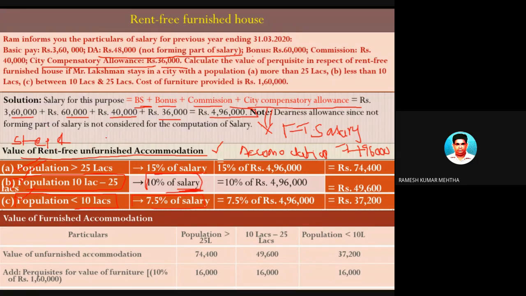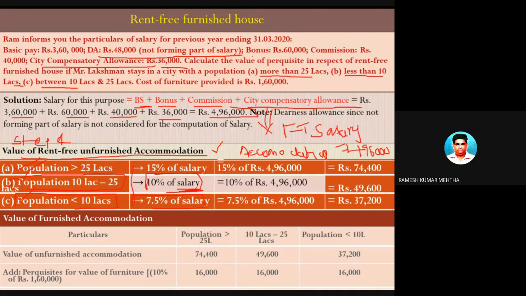Now go to the fourth column. What is given in the problem? You have to find out the value of the perquisite, that is accommodation, assuming three conditions. Case one is the population is more than 25 lakhs. Case two is the population is between 10 lakhs and 25 lakhs. The third condition is the population is less than 10 lakhs, meaning the place where the house is provided.